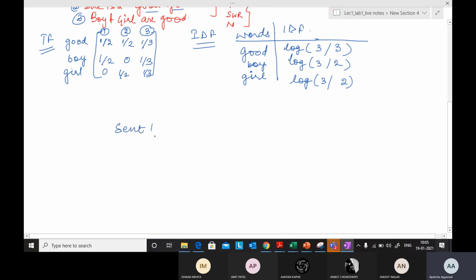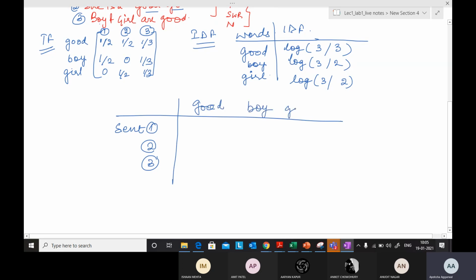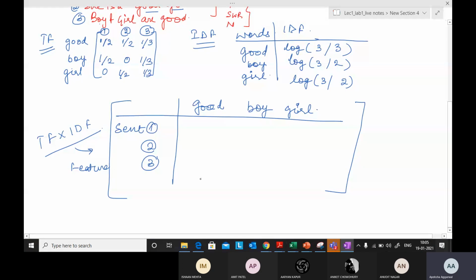Sentence 1, sentence 2, sentence 3, 3 sentences are there, and we have features like good, boy and girl. So we multiply TF cross IDF to get the final feature vector. Okay, so this is the whole final output. So basically this matrix, whatever I'll get here, is the final output.